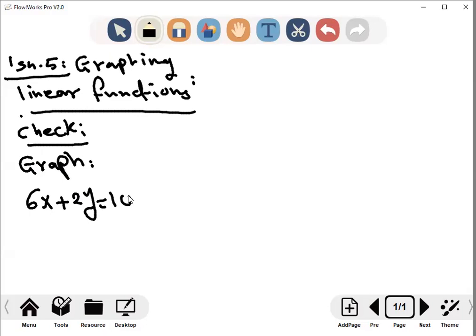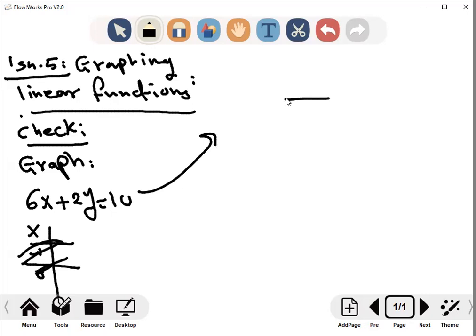Now in the table, they gave you values for x, right? The values for x are -1, 0, 1, and 3, right? Here the values of y.